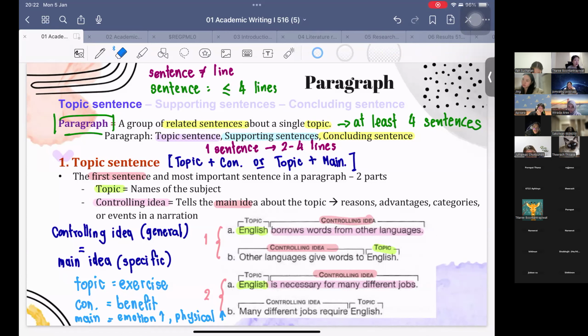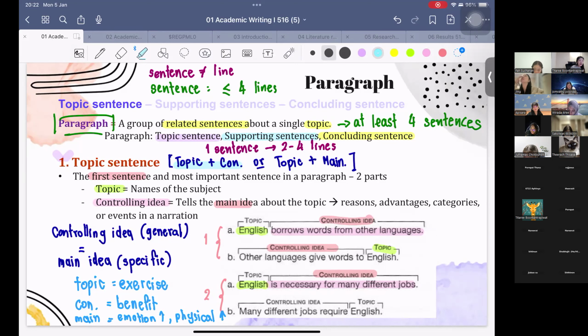Most people would often go with the first option, which is topic and controlling idea, but you can go for topic and main idea as well. Most of the time, when people start, they begin with topic and controlling idea just to give a quick overview. That's why they tend to prefer it.